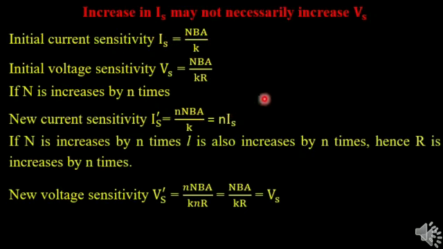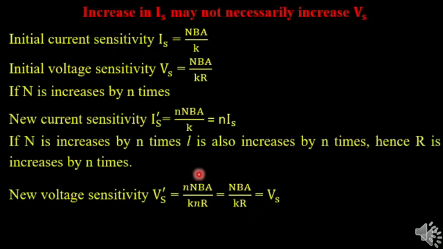If the number of turns of the galvanometer coil increases by n times, the length also increases by n times. Since resistance is directly proportional to length, the resistance also increases by n times. So, the new voltage sensitivity Vs dash equals nNBA divided by KnR.